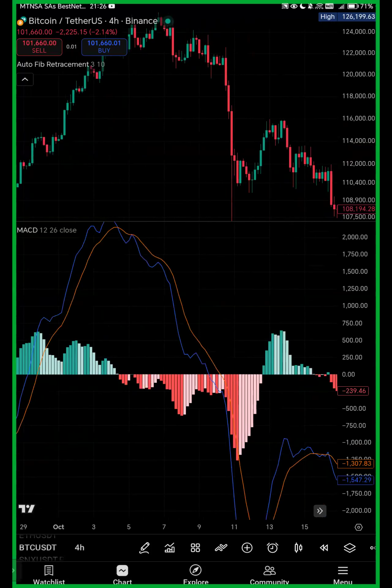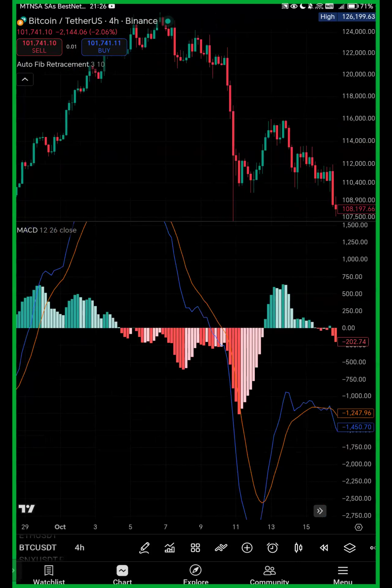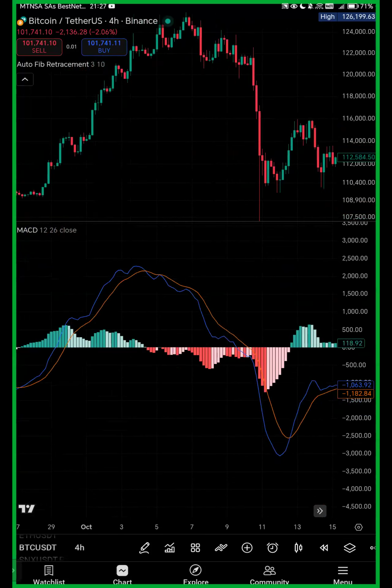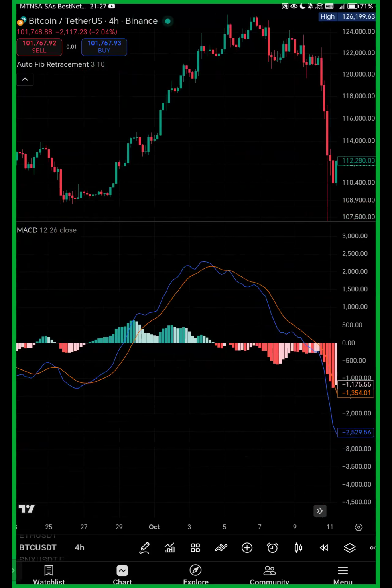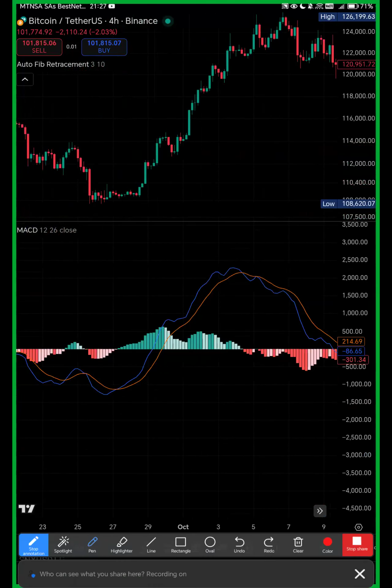It seems to be a good one. But at the same time, you need to understand that sometimes when the market is coming from below, it went down like the way it did here, and when it starts building from below, sometimes the trend may stay longer.